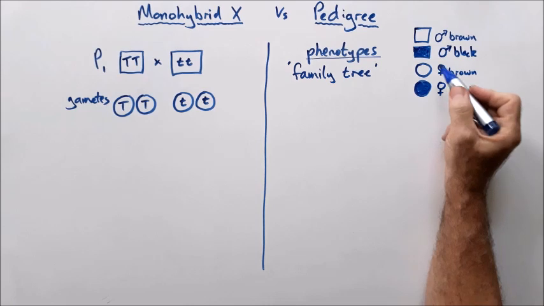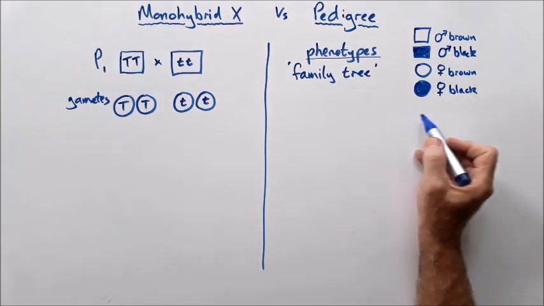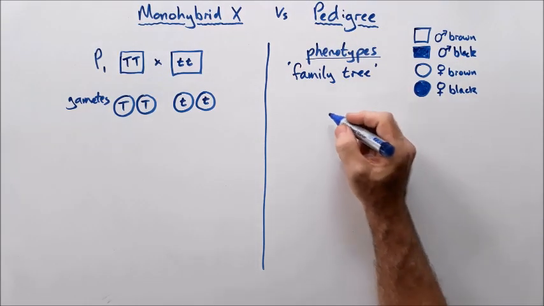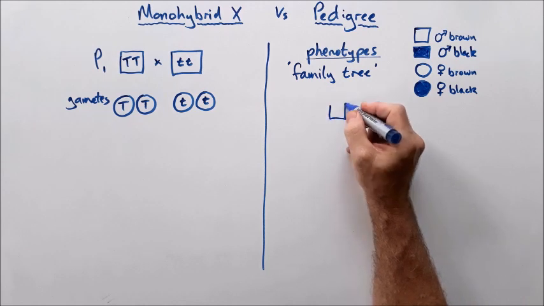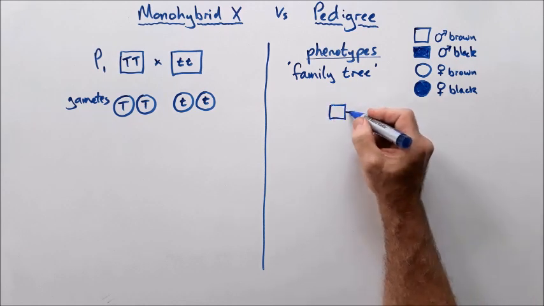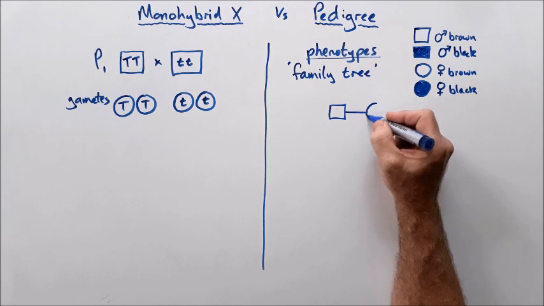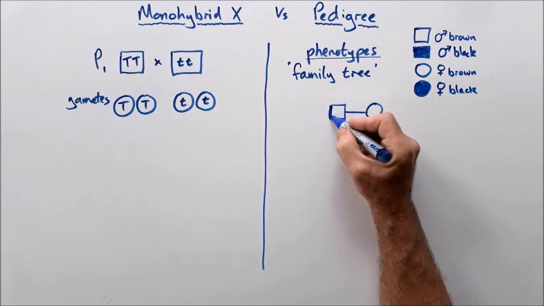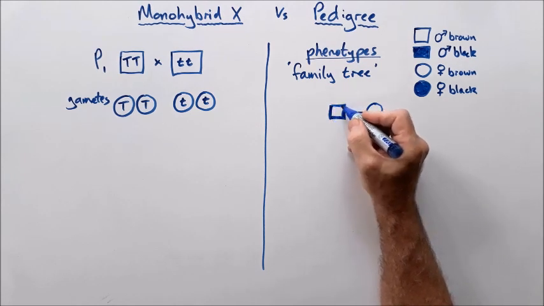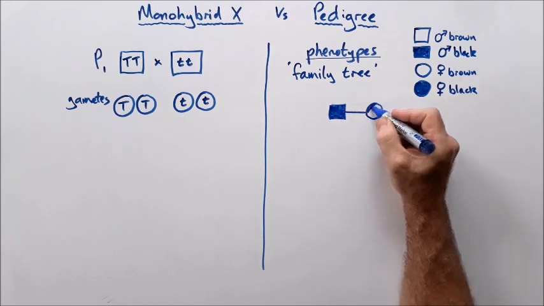And then, knowing that key, we can look at the actual expression of a particular family. So let's say, for example, we choose a male, and that male gets crossed with a female, and both of them have the expression of black.